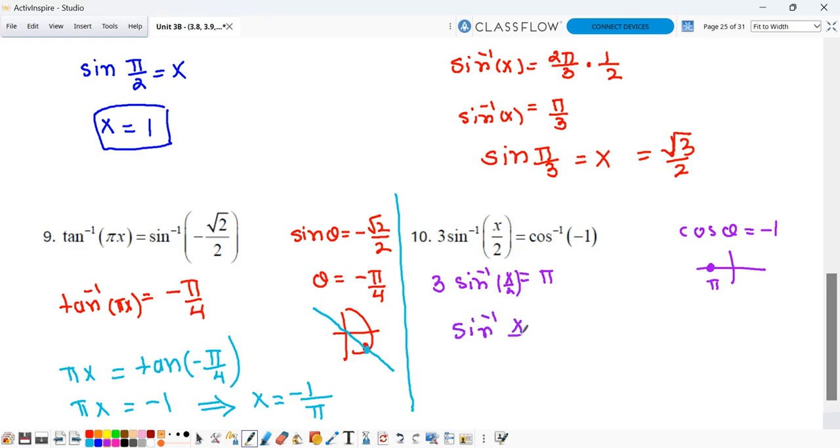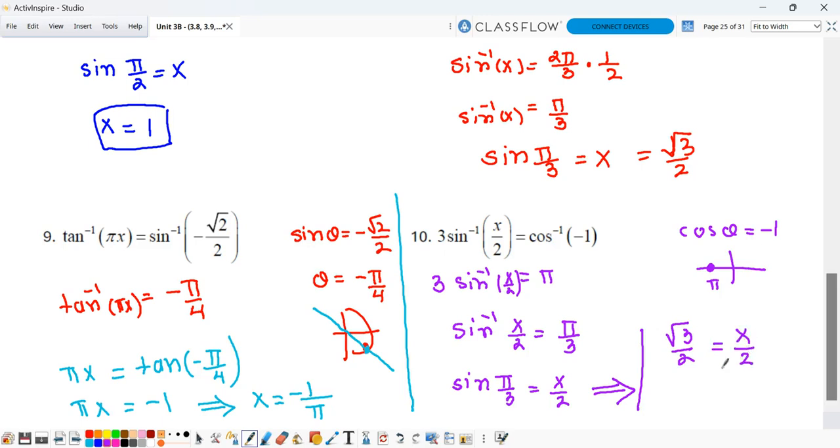So sine inverse x over 2 is pi over 3, which means sine of pi over 3 is equal to x over 2. Now, make sure you don't have a runaway train. You can't just keep writing equal to, equal to, equal to. Sine of pi over 3 is root 3 over 2. I don't have a lot of space, so I'm going to write down root 3 over 2 is equal to x over 2, which gives you x equal to root 3.